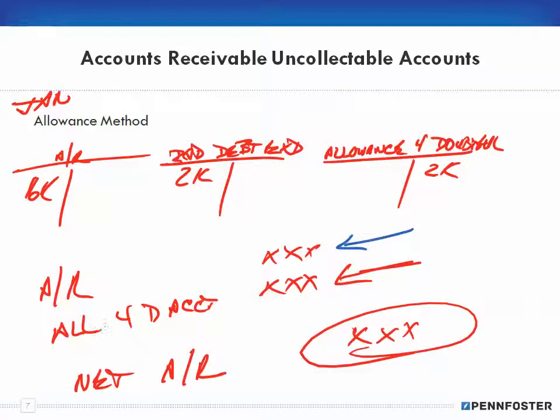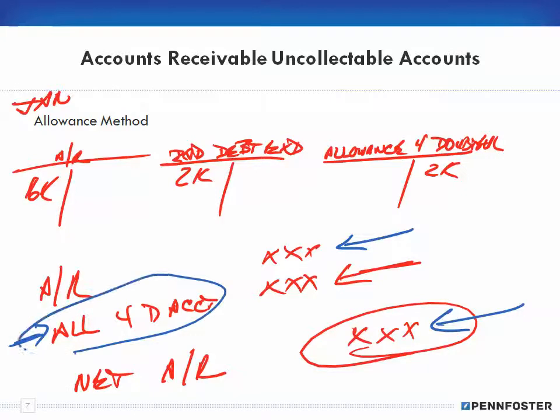So we make a guesstimate and say, okay, I think the true value of my accounts receivable is this net amount. In order to get to that net amount, I have to say, this is what my allowance for doubtful accounts should be. And whatever amount that should be, I have to adjust this account to get that correct amount.